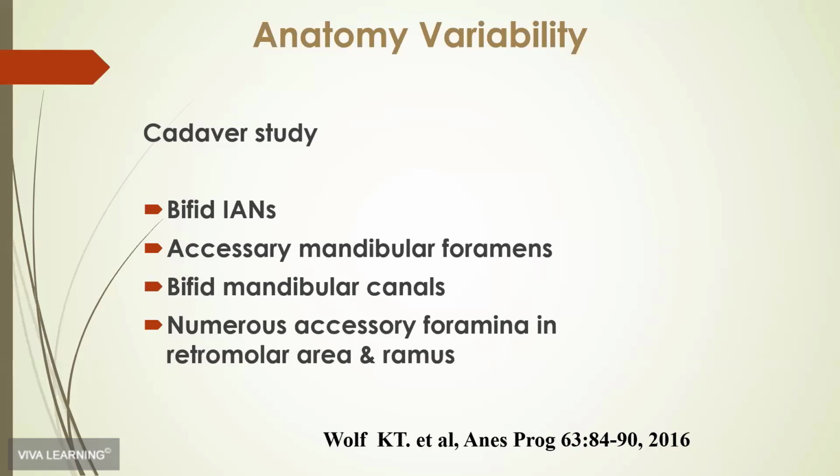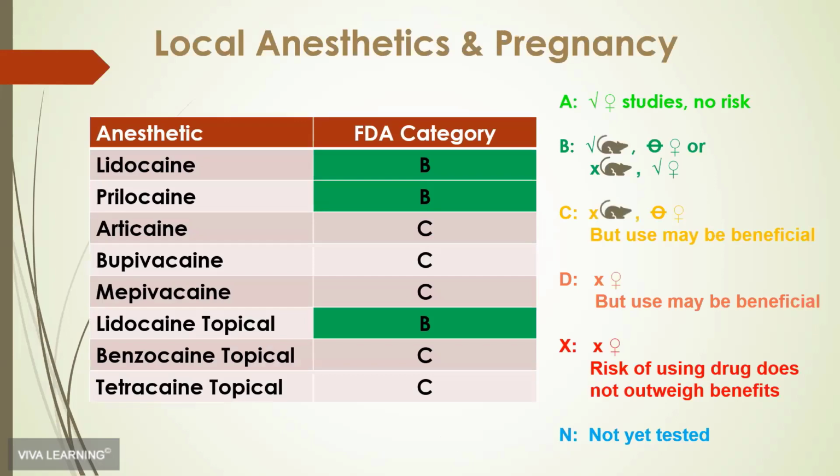So there are all of these strange locations where a nerve could enter the bone where we don't think it's going to be. So we do a standard inferior alveolar nerve block and the patient isn't getting numb. Well, maybe it's because of this variability in their anatomy. We can inject a little bit higher to account for where the different locations might be, or even give a little local anesthetic on the alveolar ridge on the lingual side to get those foramina that exist on that side as well.